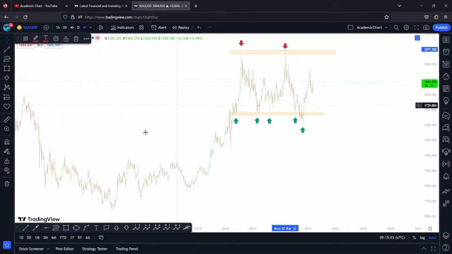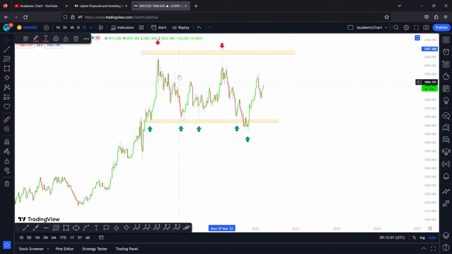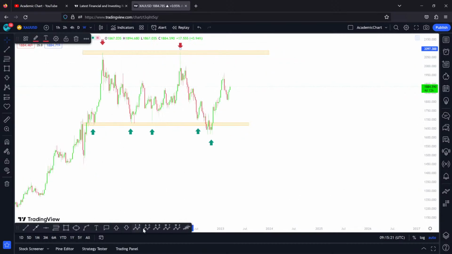And we know that after this very long impulsive move, it is some sort of a flat, where price is moving between two support and resistance zones. We can count the waves.